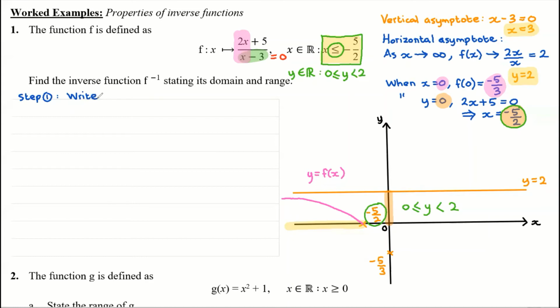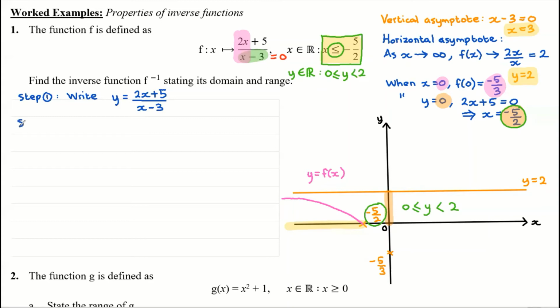So write y equals 2x plus 5 over x subtract 3. Write it in that way. Don't write it as f of x. Just simply write it as y, like you would do on a graph.